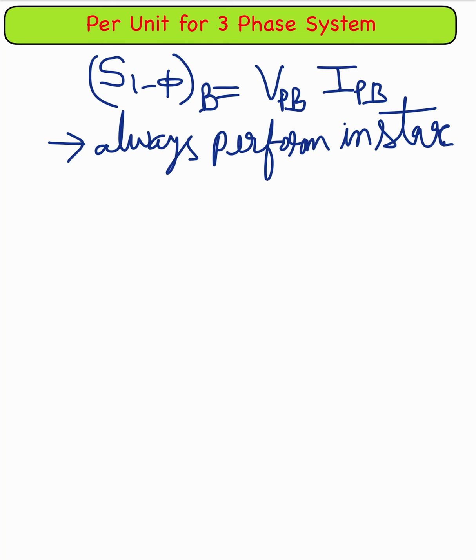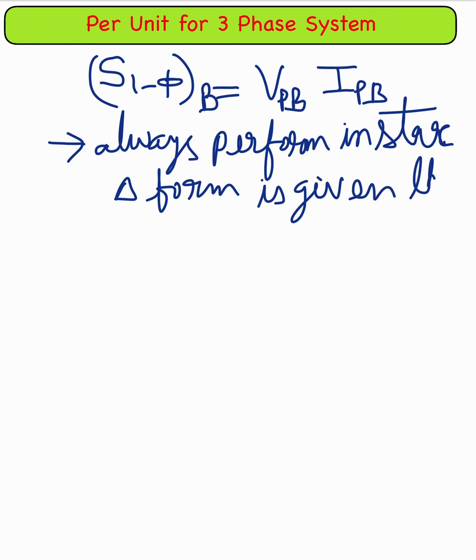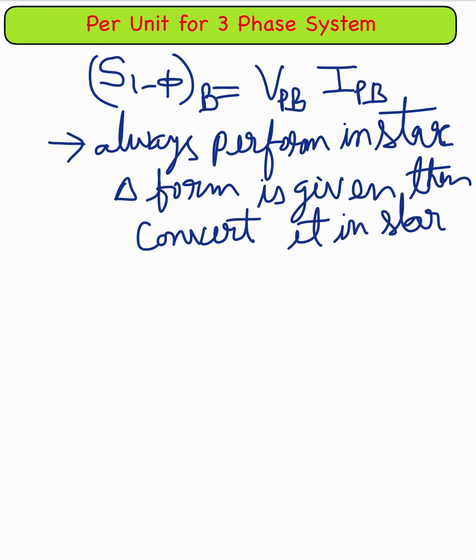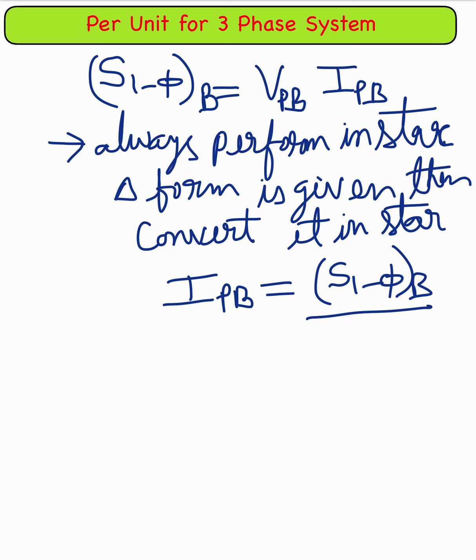So if delta form is given, then convert it in star. So that is IPB is equal to S single phase B upon VPB.